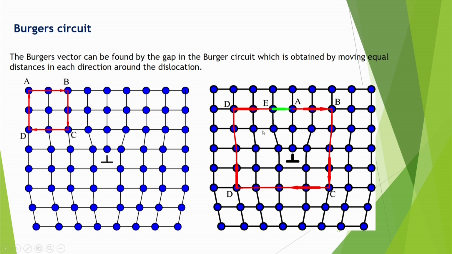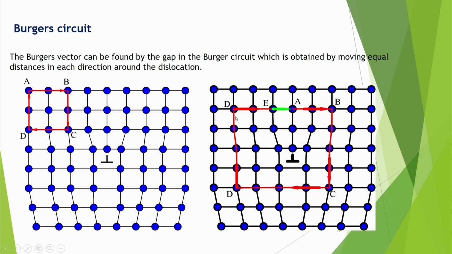But suppose you see it on the right hand side figure, I am starting at point A, going to B, a 2-step movement, then I went 1, 2, 3, 4 steps down, went to C, then I am moving 4 steps in that direction, 1, 2, 3, 4. Then I go up 4 steps, 1, 2, 3, 4.